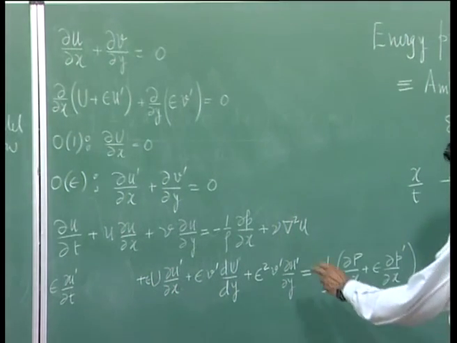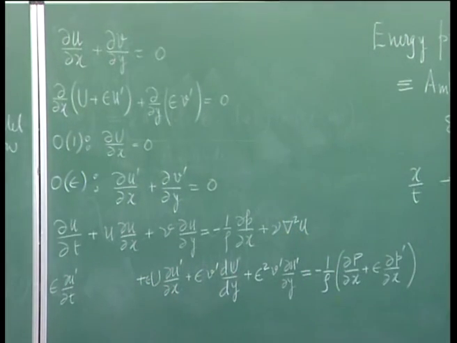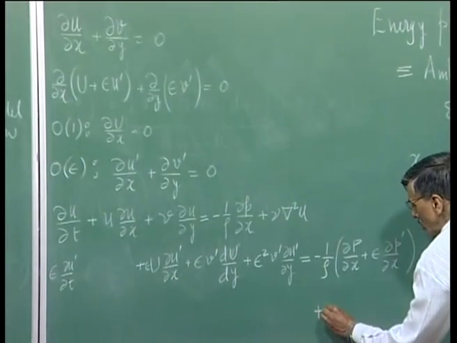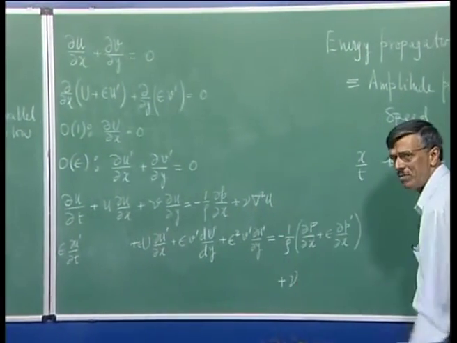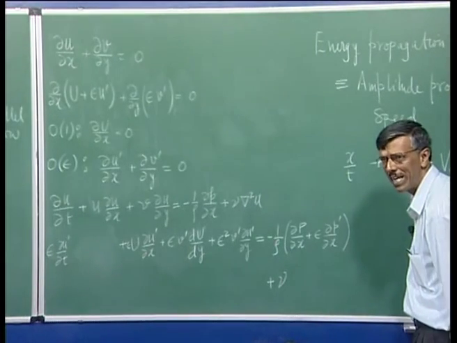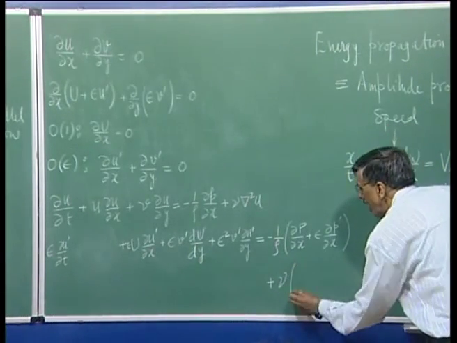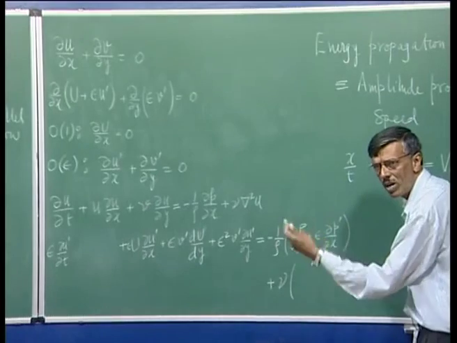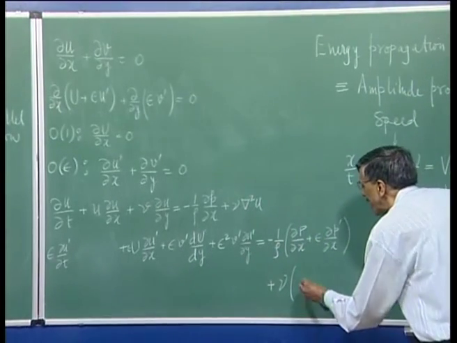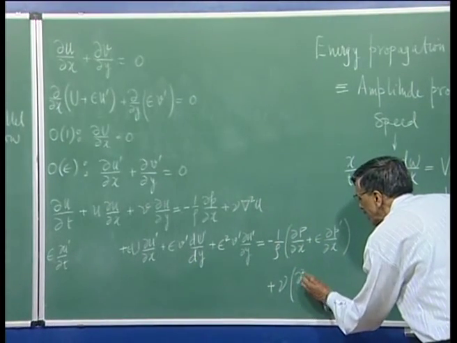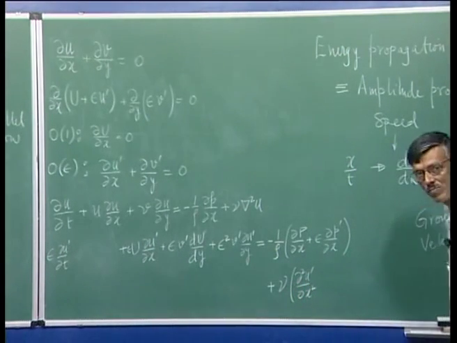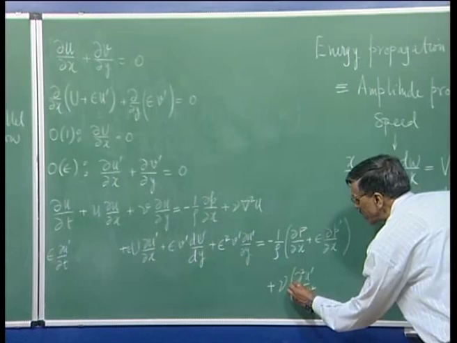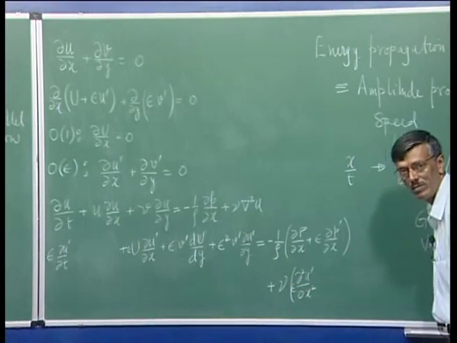What about terms coming from here? Nu, the x derivative, what will I get? For the mean flow, it is not a function of x, so there I will not get anything, but I will get this kind of term, right? And that is multiplied by an epsilon.